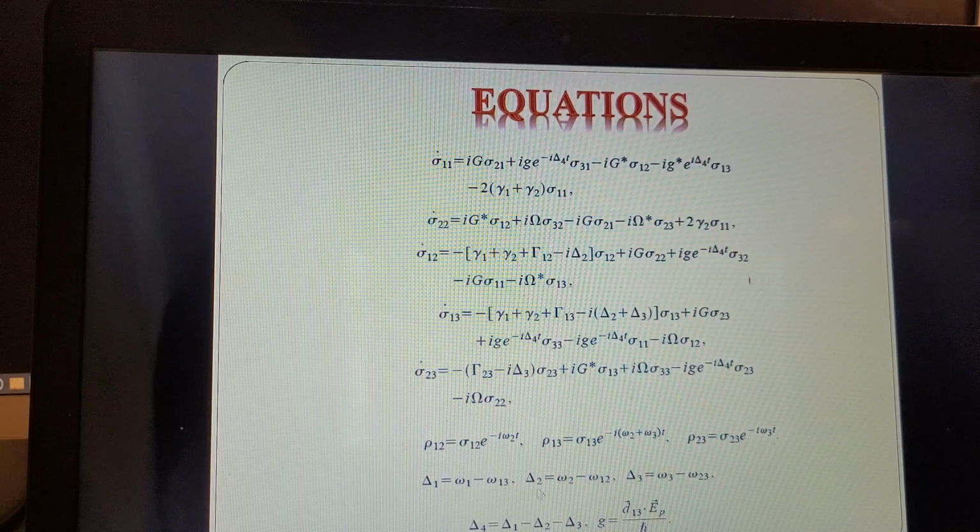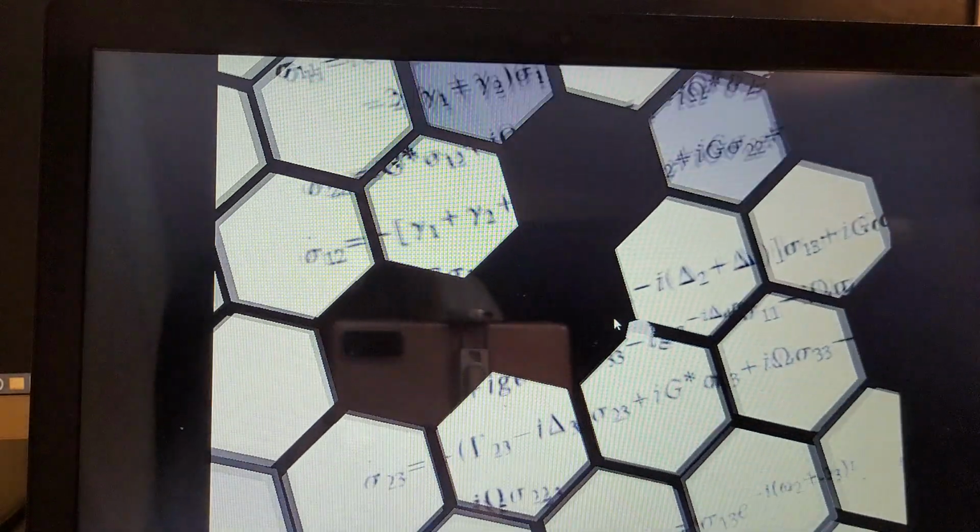So you have detuning here, and this is the relative detuning, and we have the Rabi frequency, which can be defined by using the dipole moment and the amplitude of the electric field divided by the Planck constant. Okay, this is a little bit of the mathematics of this modeling.